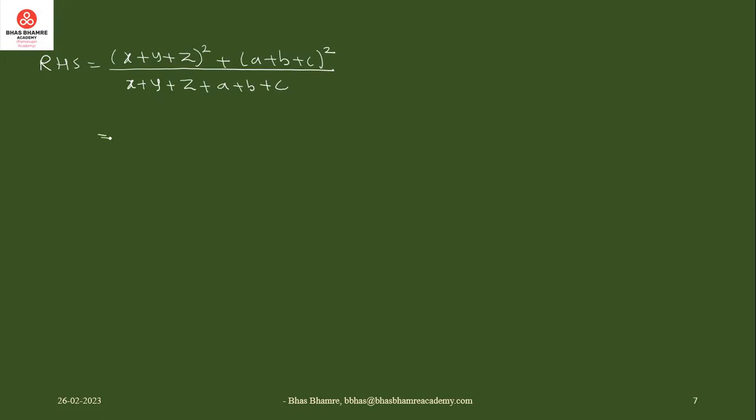Our x plus y plus z is ak plus bk plus ck the whole square, plus a plus b plus c the whole square as it is, totally upon x is ak, y is bk, z is ck, plus a plus b plus c.